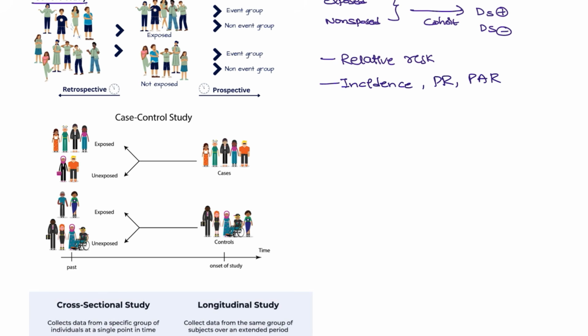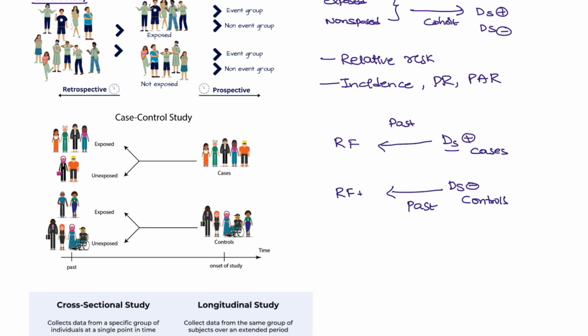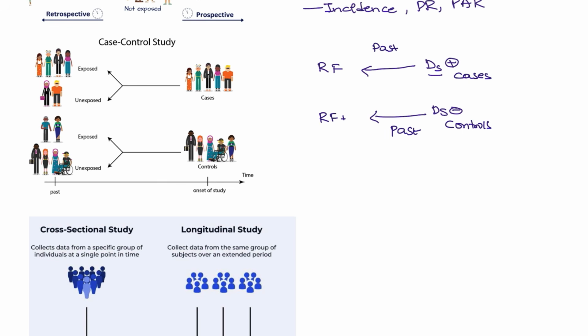Next, case control study. So for example, this patient has the disease, this patient has no disease. Why was the disease developed? You are going back and checking the patient's risk factors, and why this patient did not develop it. So you are going to check the risk factors on the past side. These are the cases and these are our controls, right? Going to the past of these two is known as a case control study or retrospective study.